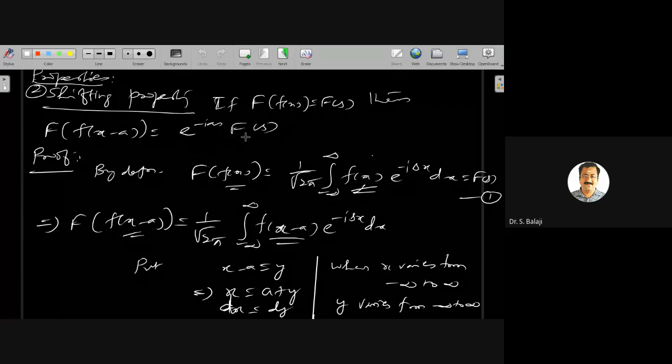Like a Laplace transform, here is also the same type of idea. Fourier transform of f of x minus a equals e power minus ias F of s.